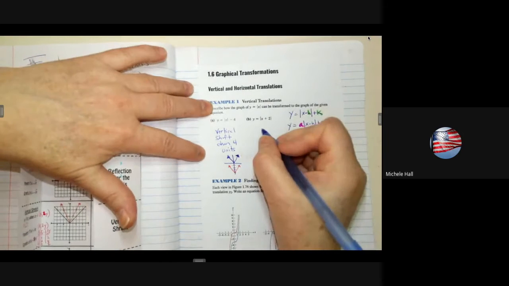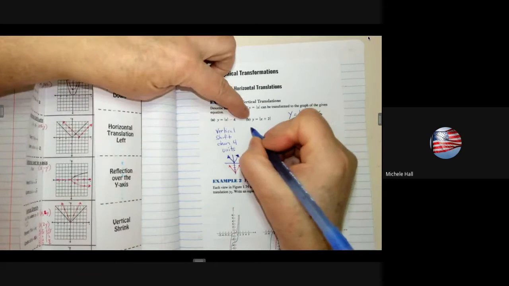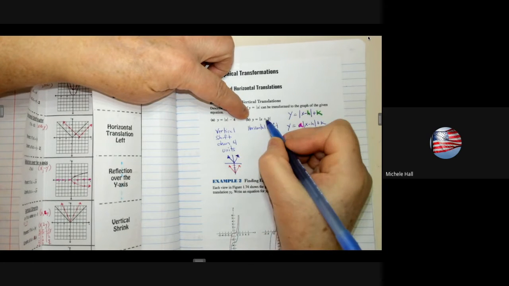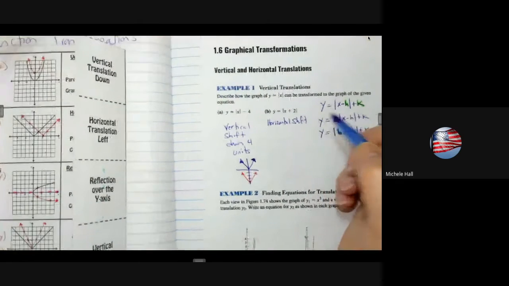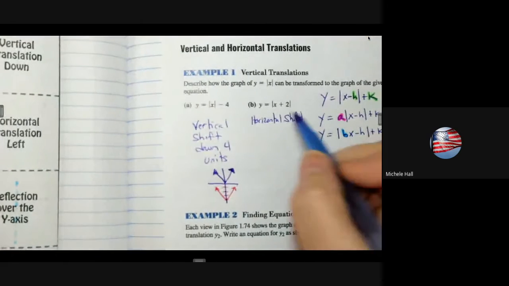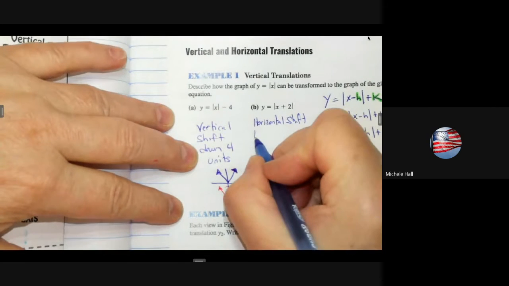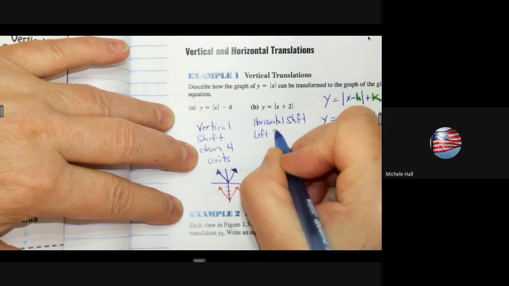Next, we have a horizontal shift. The x-axis, we're talking about the h here. And remember, it's the opposite of what you're seeing here. It is not to the right 2 units, but to the left 2 units. Left 2 units.